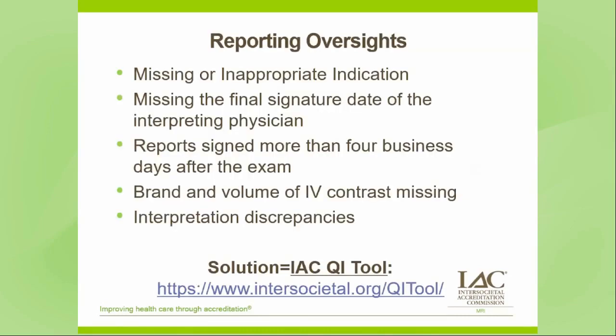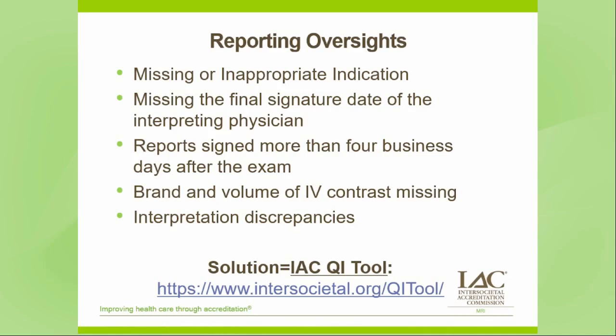Alrighty, the first item on the list of most common oversights is reporting deficiencies. Oversights identified during the IAC peer review related to reports account for the most common request for additional documentation. First thing I'm going to go over is the clinical indication, which must include but is certainly not limited to a brief description of the patient's symptoms, their duration, and any pertinent medical or surgical history.